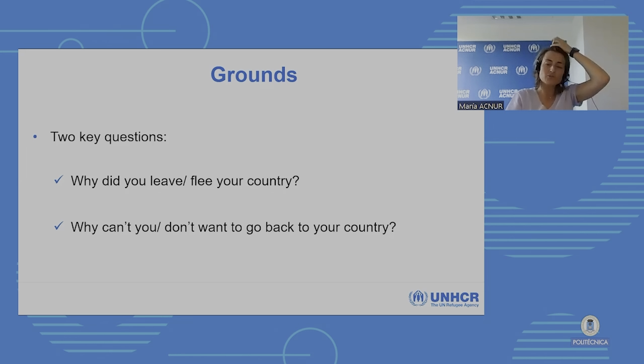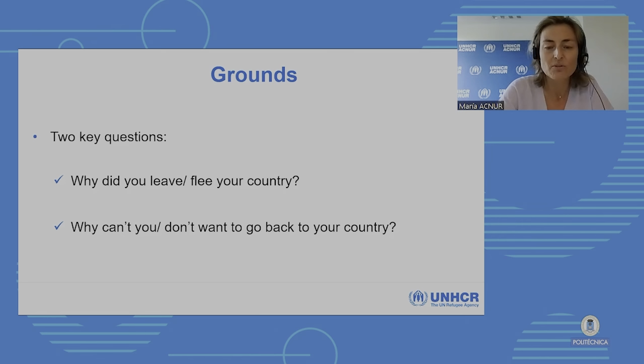Okay, well, I wanted to touch upon that last aspect of the Geneva Convention that I told you is very important, the cornerstone of international protection. If this does not happen, and it has a lot to do with what Antonio and Pilar were indicating, then the whole international protection system doesn't exist.